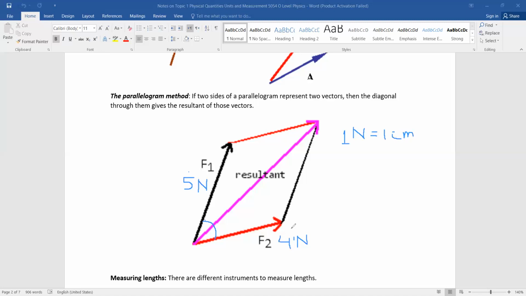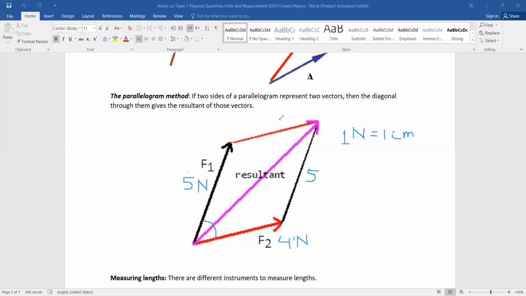Now, if this one is 5 centimeter, then the opposite side should also be 5 centimeter, right? And this one is 4 Newton, so the other side should also be 4 centimeter, right? This way we will complete the parallelogram.